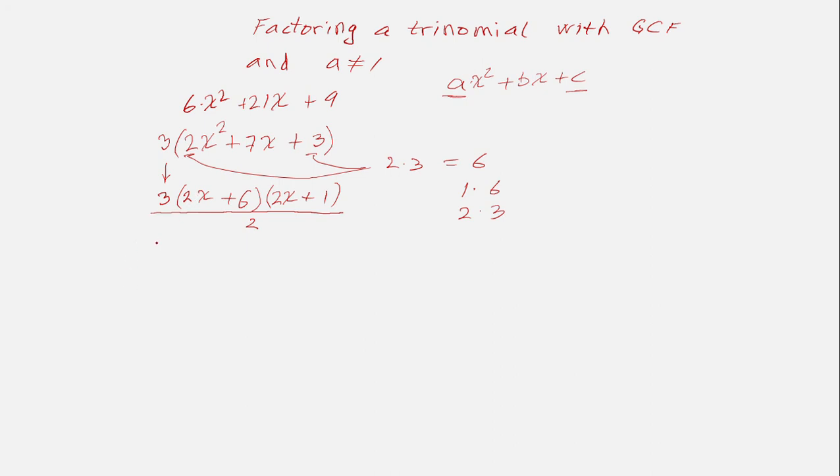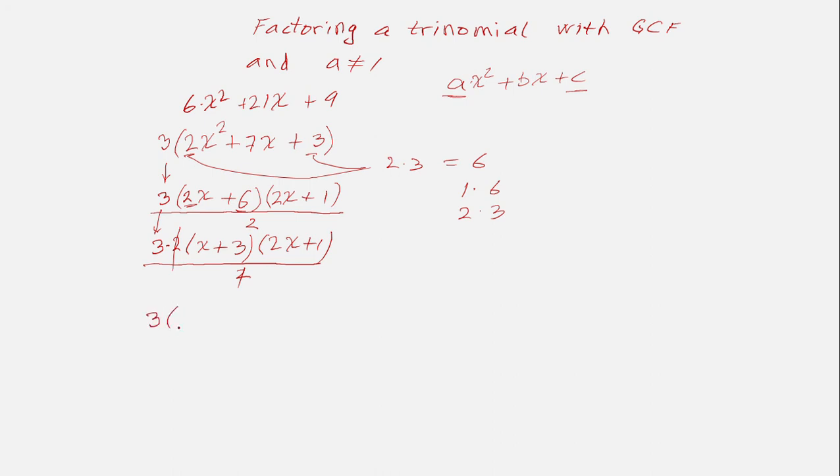So this is 3, the same one that we have here, times, and then we factor 2 out of here, right? So this is actually x plus 3 now. And then we didn't do anything to the second set of parentheses, so that stays. And we still have divided by 2. Now, this 2 and this 2 will divide out.